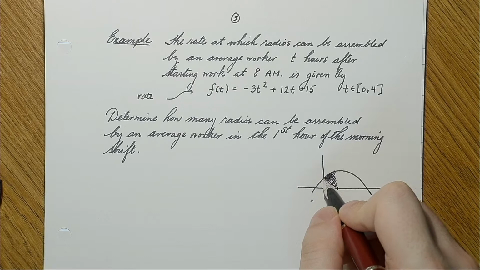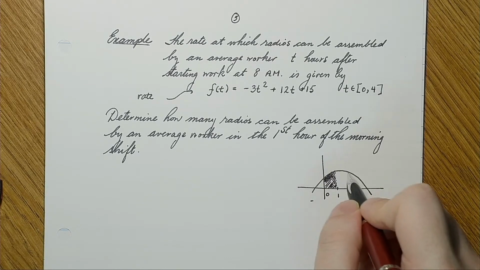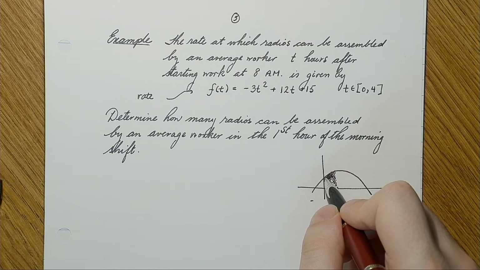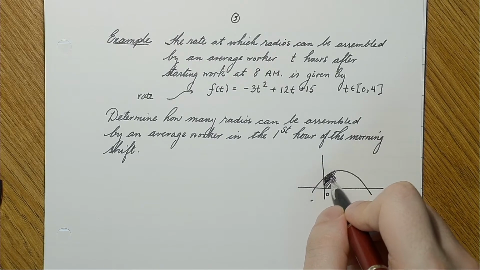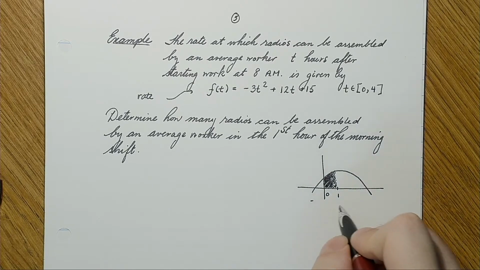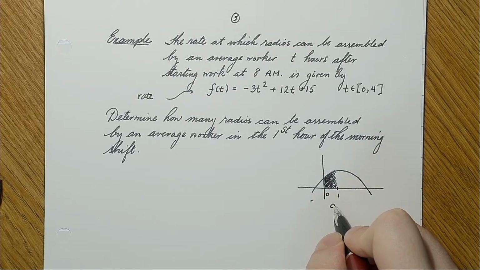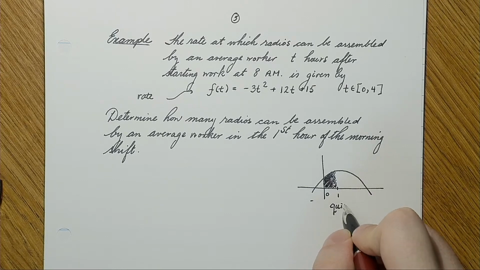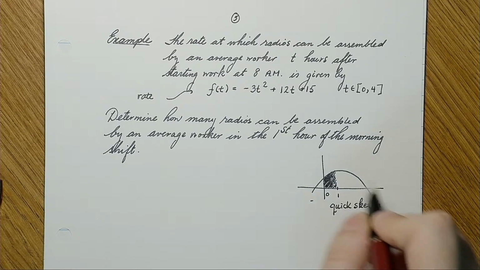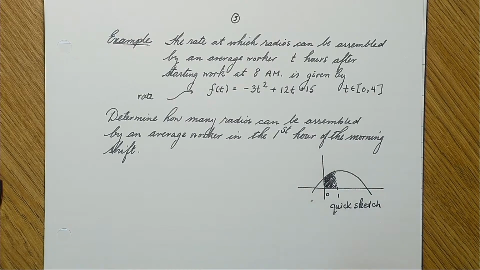So this would be the rate of radios that somebody is producing, and the area would be how many radios they would have made. I have no idea where the vertex is, or where it intersects the axes, but I just know that it's concave down.